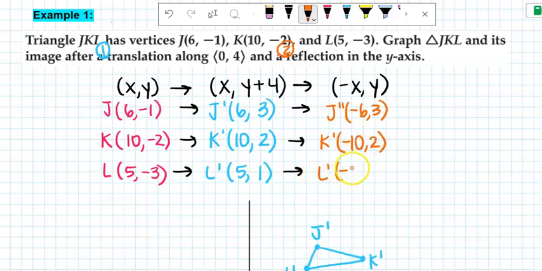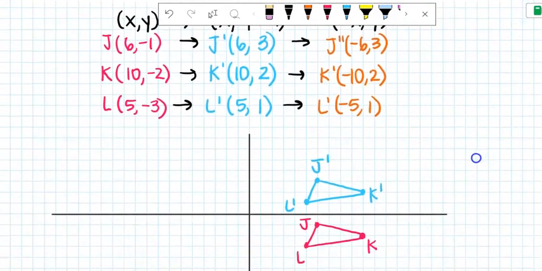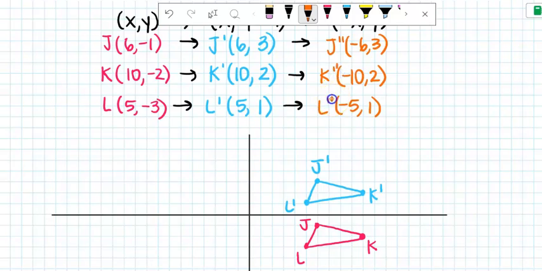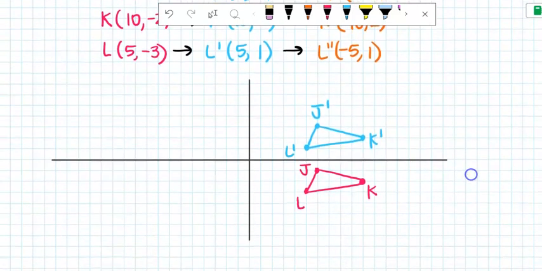L is -5, 1. Okay, if you are more of a visual person, I'm going to put 2 little apostrophes there so we know that that's the second one and we can distinguish those. Okay, if you are a visual person, feel free to highlight or draw down the y-axis for your line of reflection.